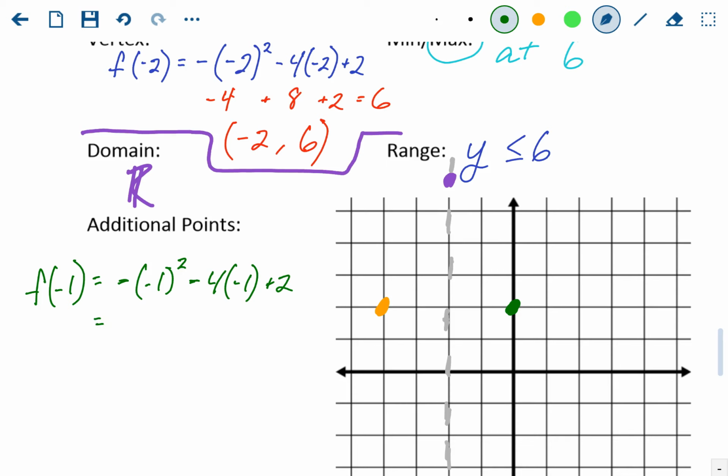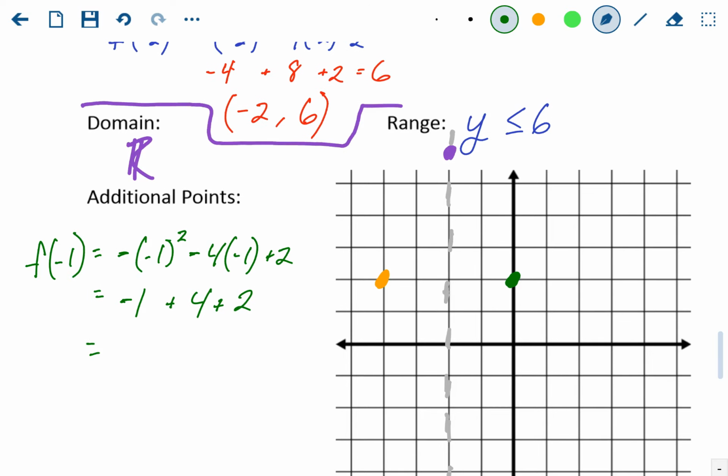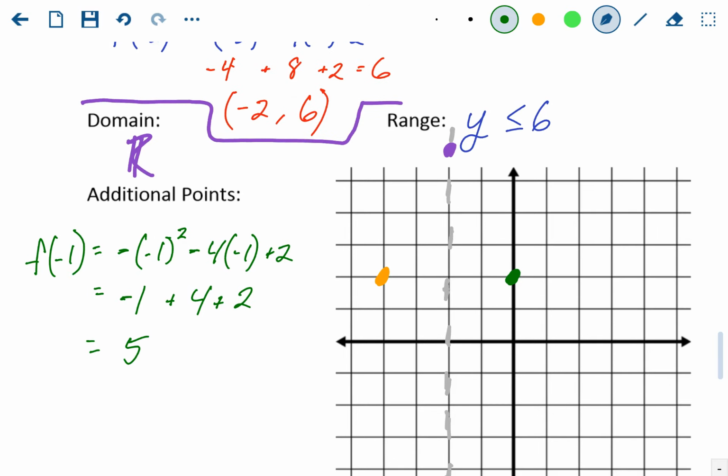So negative 1 squared is positive 1, make it negative out front, plus 4 plus 2, which equals 5. So f of negative 1 is 5. That's going to correspond to the point negative 1, 5. We go ahead and plot that, which is all the way up here. And again, we could reflect it over the axis of symmetry.